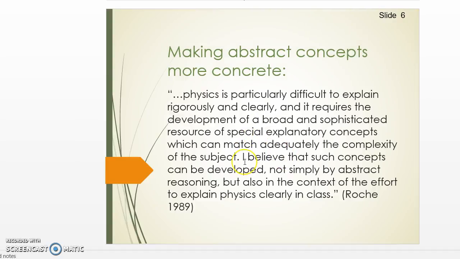And he goes on to say that physics is particularly difficult to explain rigorously and clearly, and we need to develop special explanatory concepts to match the complexity of the subject. And he suggests in the last sentence that such concepts can be developed not simply by abstract reasoning, but also in the context of the effort to explain physics clearly in class.